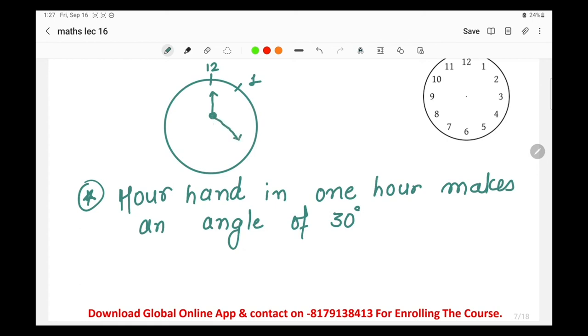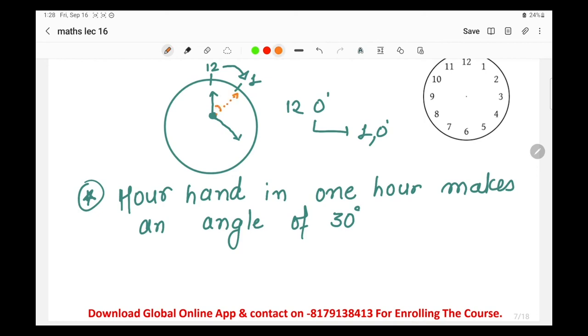Let us not draw the second hand, we only have to focus here on the hour hand. Now the hour hand is moving from 12 o'clock to 1 o'clock. How many degrees is it crossing, or forming over here?